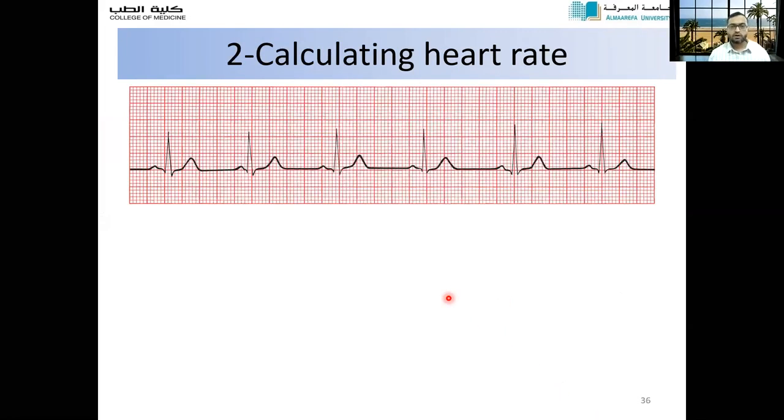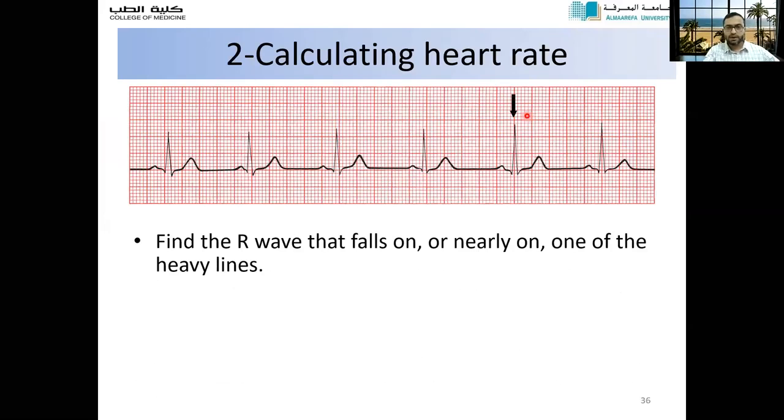So now we have seen that the ECG paper I showed in the sample was regular. So we can go for the next step, calculating the heart rate. And it becomes easy for us, as in the previous step it was regular. What you have to do here is mark one R wave on the ECG paper which falls on the darker line.